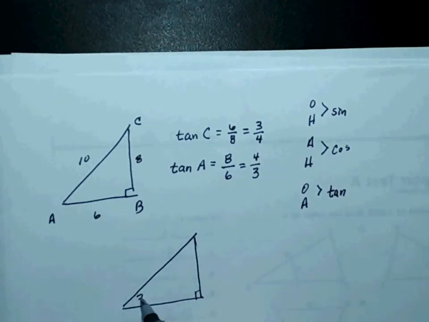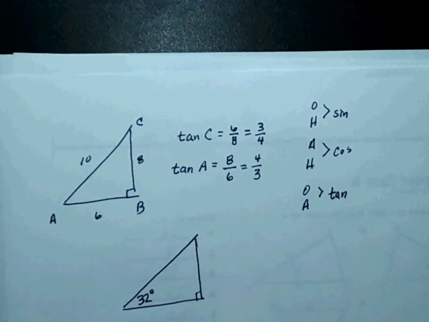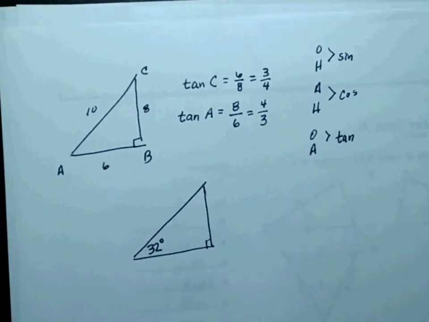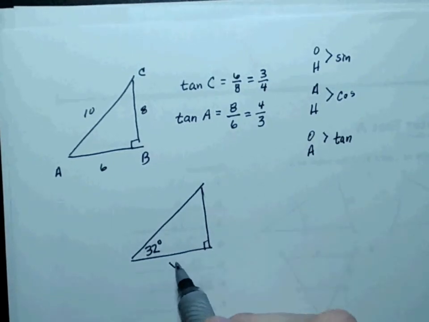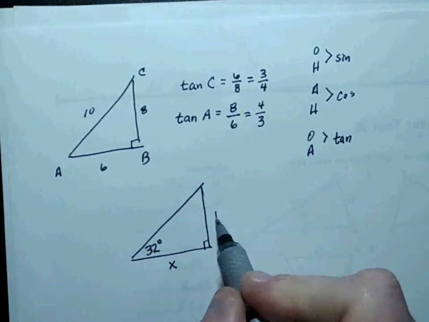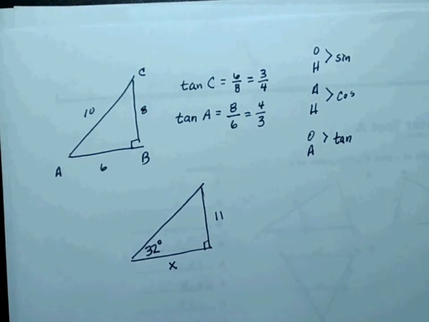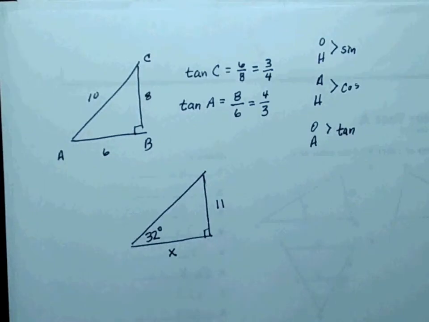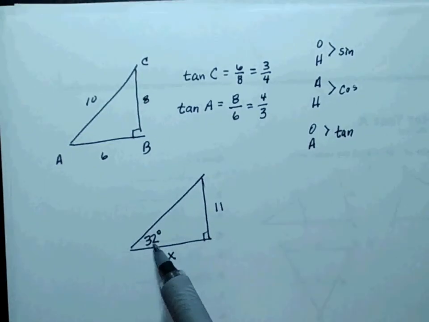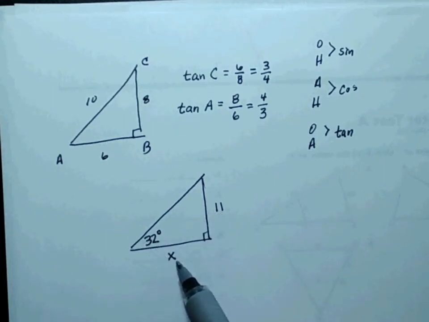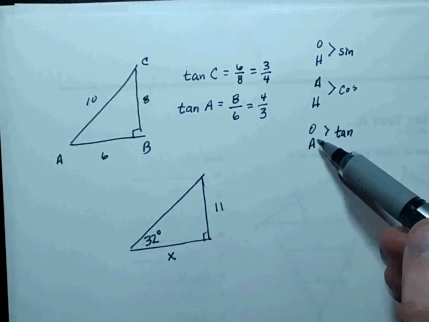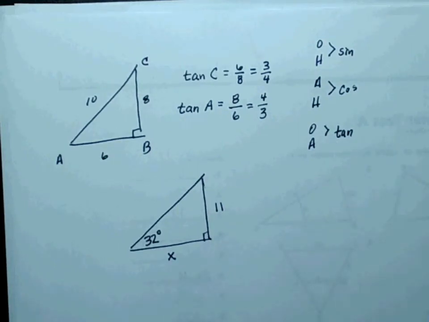Okay, so that angle is 32 degrees. Here's x, that's 11. Right? So, look at our angle. Let's figure out which two sides we have. We've got the opposite side and we have the adjacent side. Opposite over adjacent, that means we're going to use tangent.